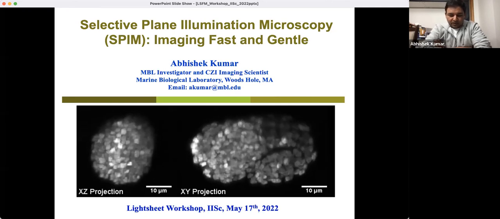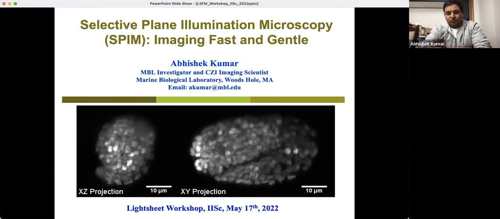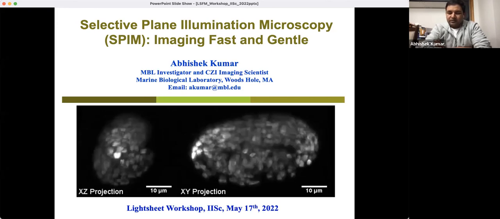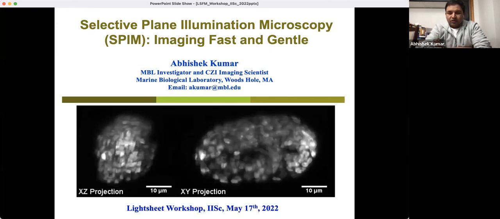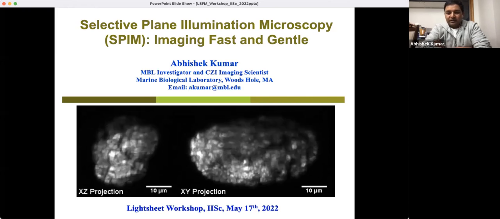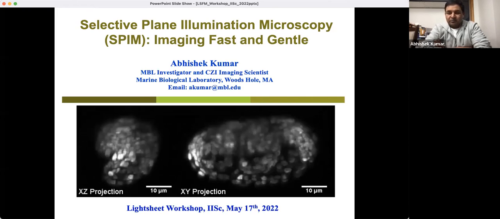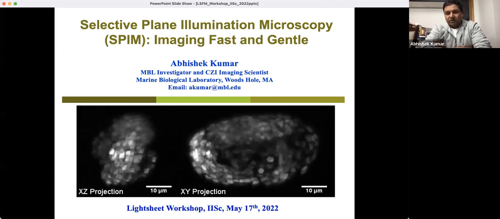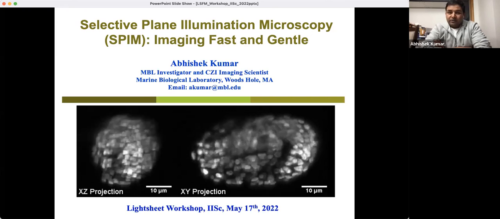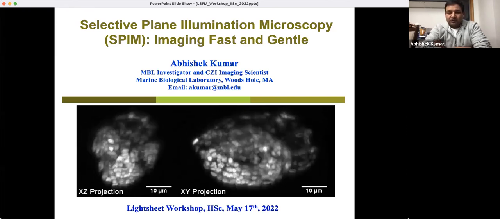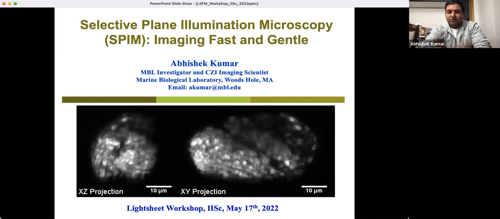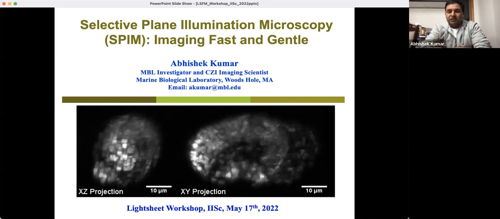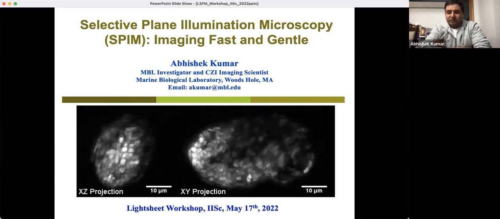Because I would say there is no one microscope which can do everything we want. That's the reason why we all keep tweaking, keep adding, and keep tailoring some of these technologies to meet our specific needs. Even though you can argue that fundamentally all the optics and optical concepts are the same, there are still different implementations, different variants, and each one has its own limitations and flexibility or capabilities.